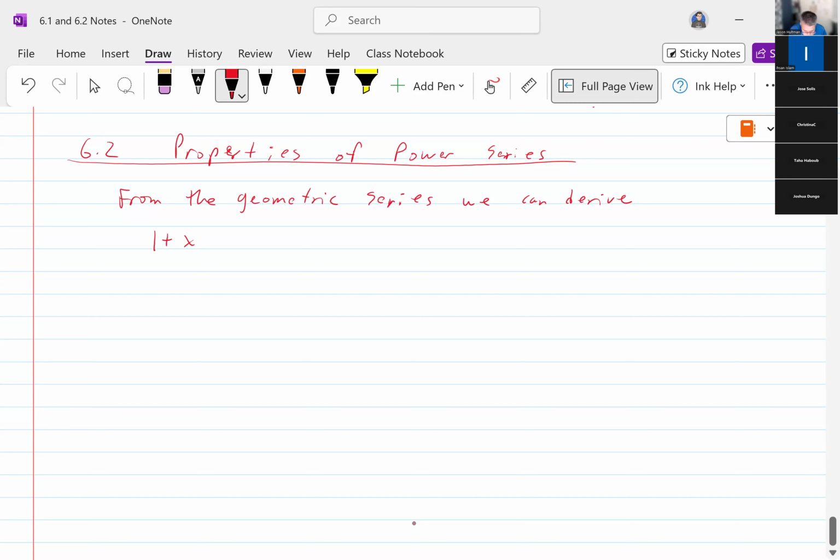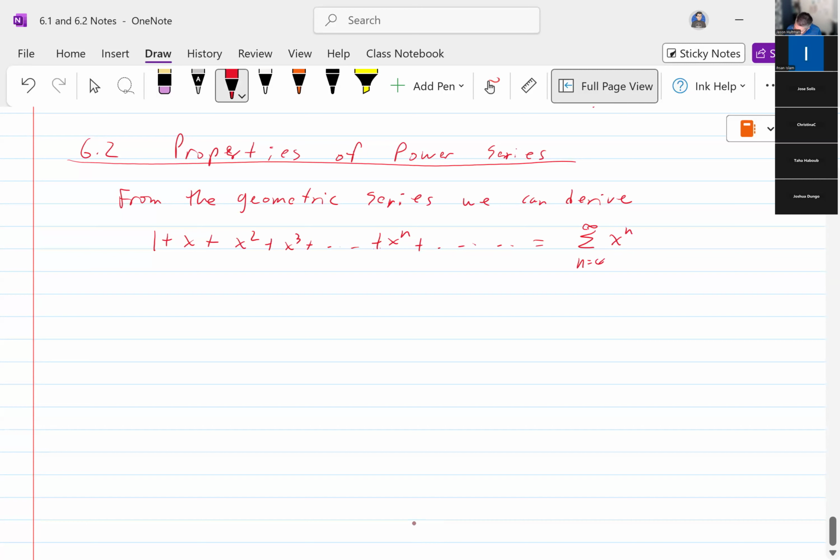1 plus x plus x squared plus x cubed plus x to the nth plus dot dot dot. This is equal to the summation as n equals 0 to infinity of x to the n, not 1 over x to the nth.